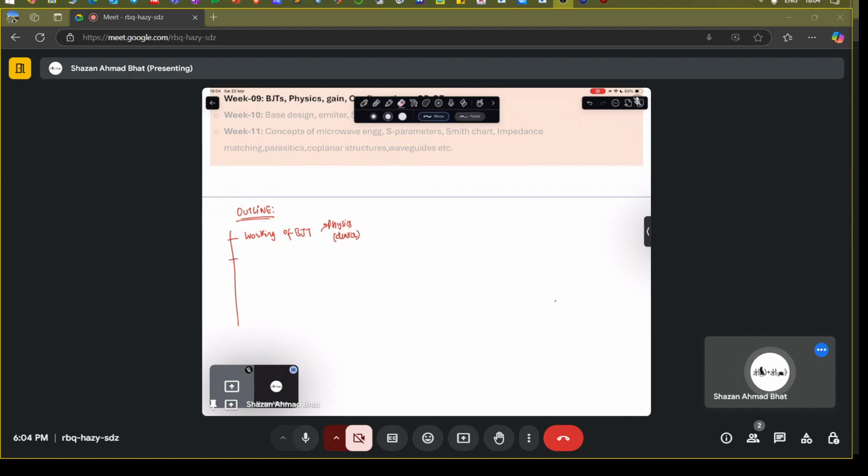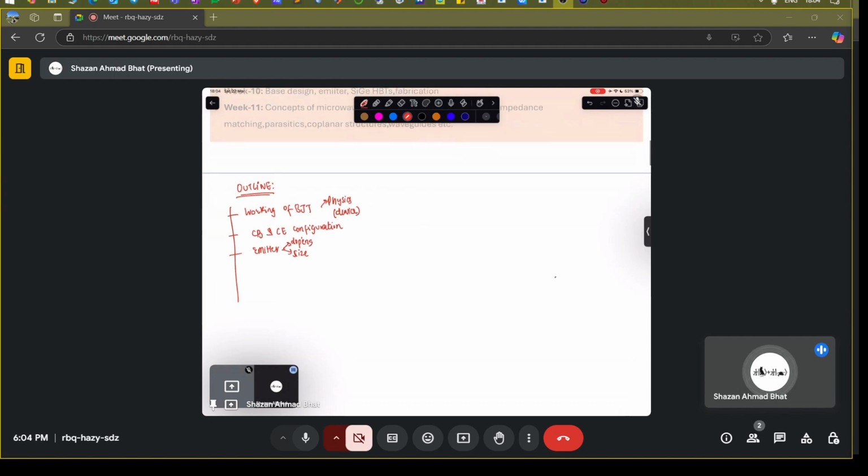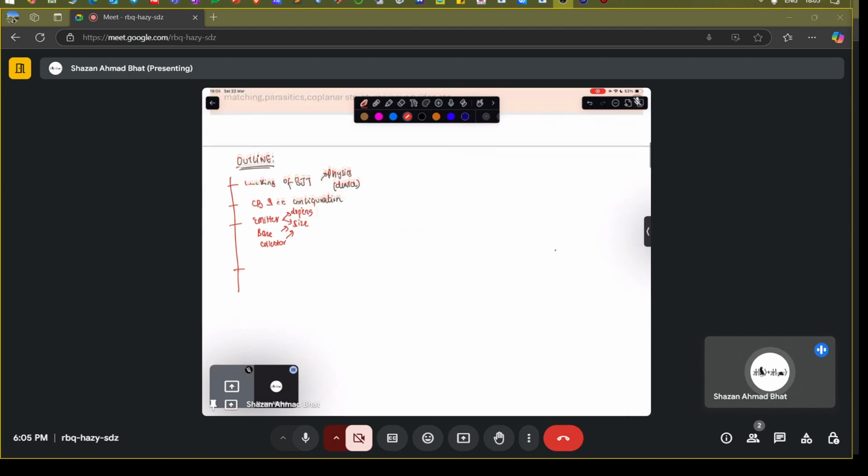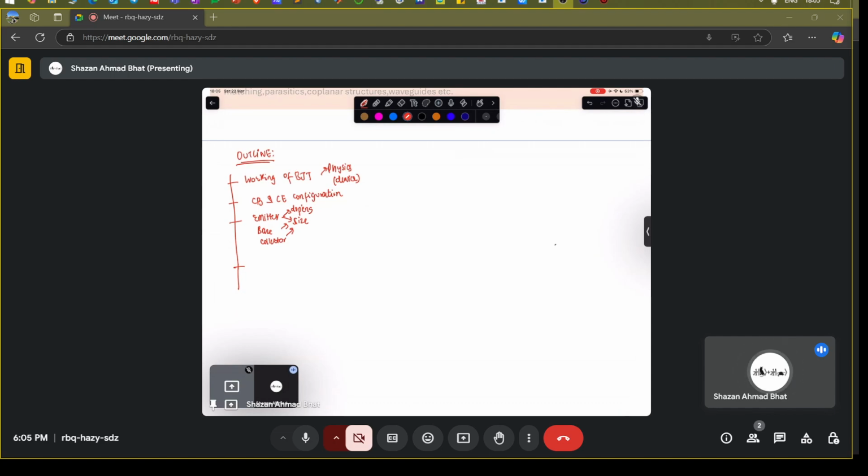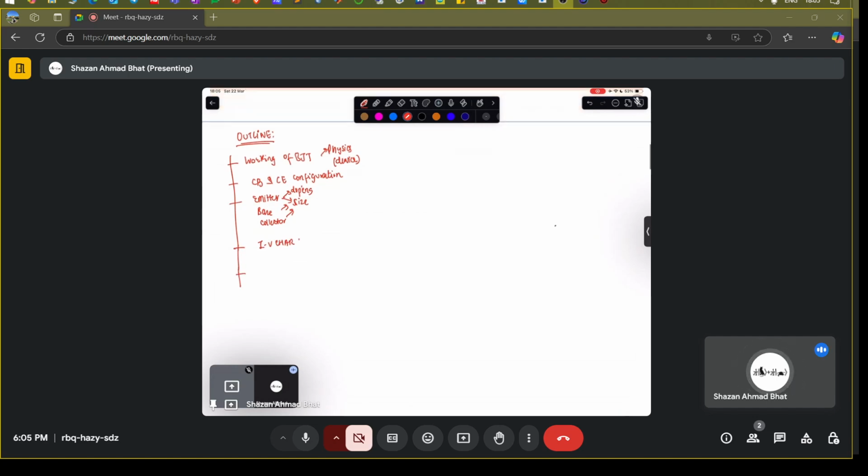Then we will be talking about the common base and common emitter configurations most of the time. Then we will be talking about the limitations on the size of the emitter, the doping of the emitter, the doping, the size, and other things. Similarly for the base and the collector, we will try to cover these aspects, and then we will move into the IV characteristics of these devices and configurations.